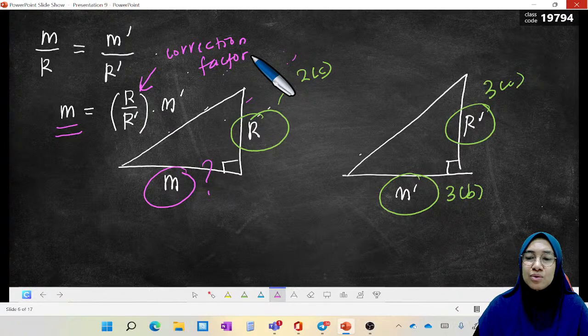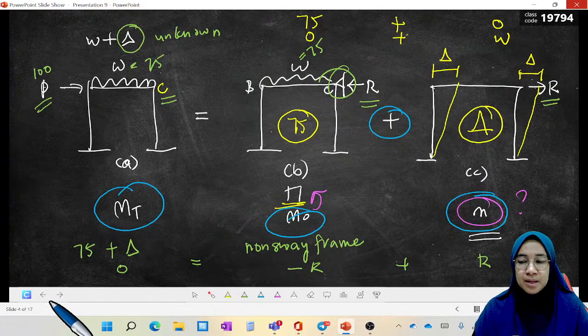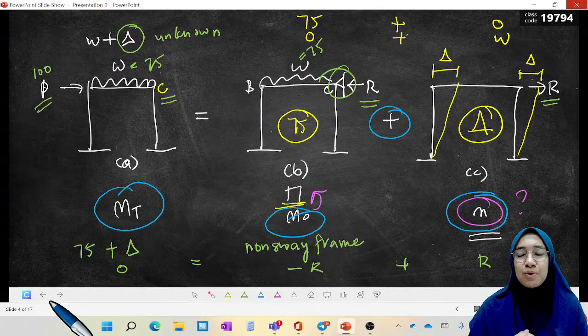We substitute this into the equation which we get from the principle of superposition.